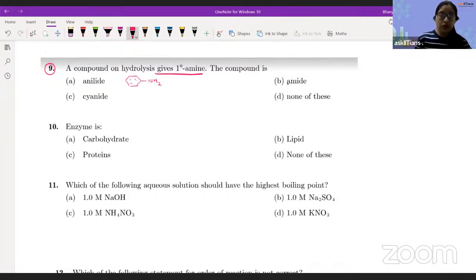Now in this aniline, if I replace one of the hydrogens and connect it with this part, this is an anilide.